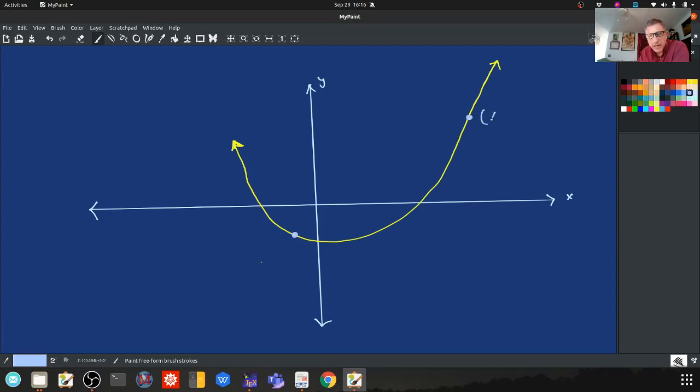So remember, I can label this as x2, y2, and this is going to be x1, y1, and when we draw a line through those 2 points, we actually get what we call the average rate of change.